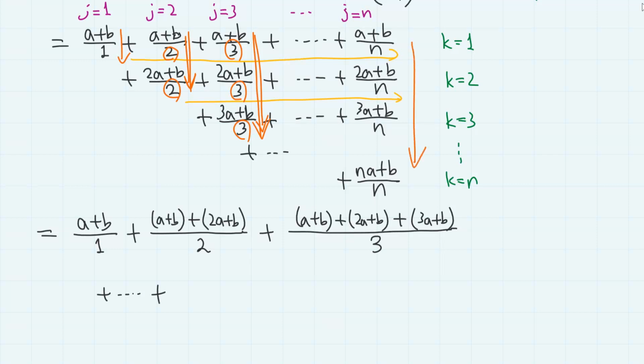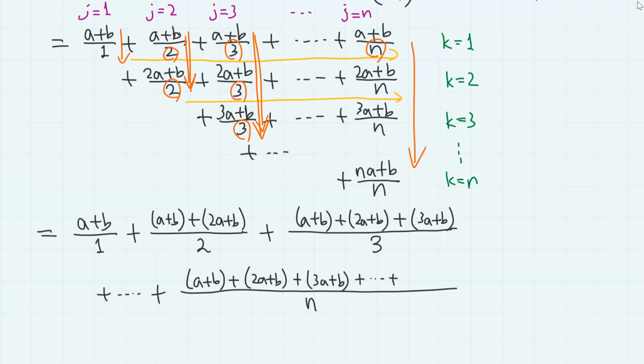And in the last column, the rightmost column, the denominators are n, and we have n terms here, which are a plus b, 2a plus b, 3a plus b, and so on, all the way up to na plus b. Notice that the first term is the case when j equals 1, and the next part is the summation of terms that have j values of 2, and the next fraction is the cases where j equals 3, and so on, all the way up to j equals n.